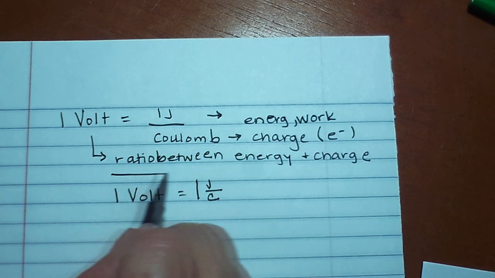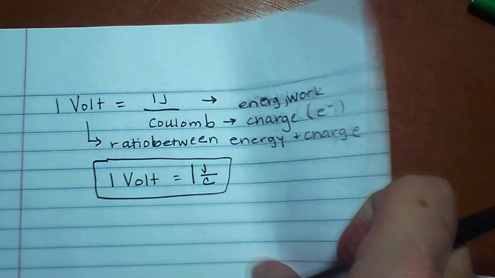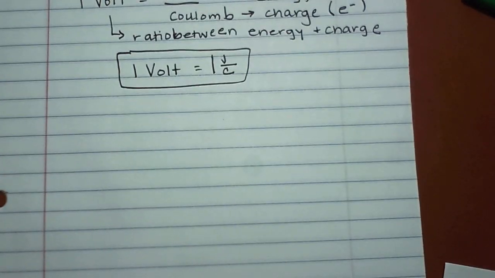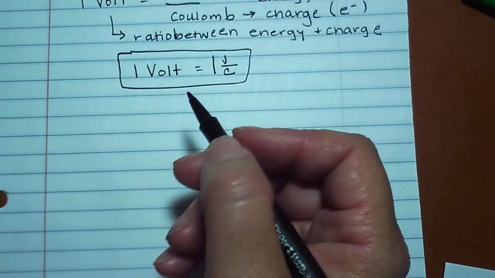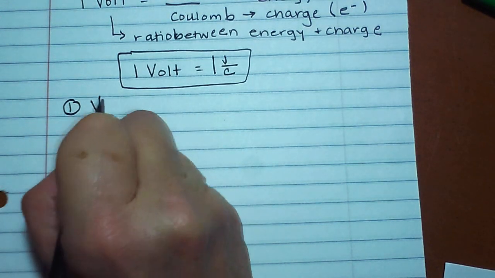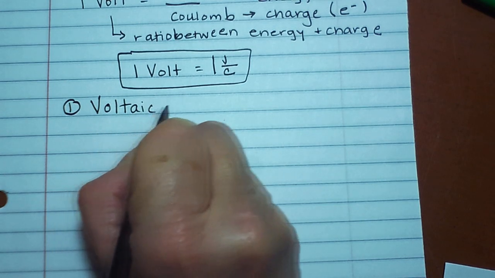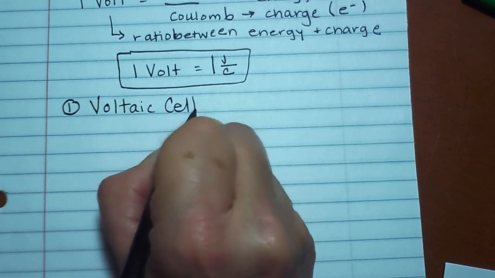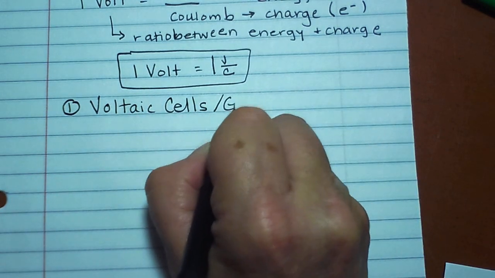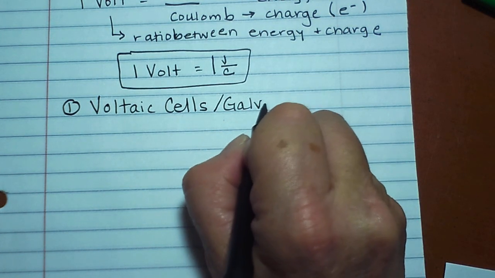Now, as you go through, there are actually 2 kinds of cells, and you're going to see this tonight on the video, all right? 2 kinds of cells. First of all, voltaic cells. How do you identify one? Last year on this test, my kids knew galvanic cells and voltaic cells.